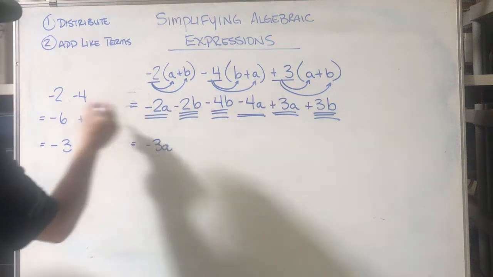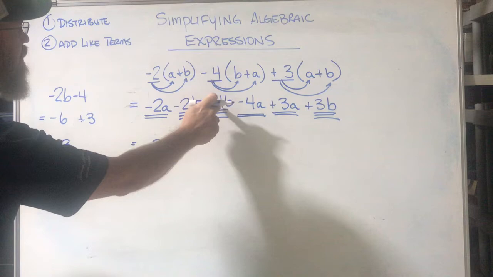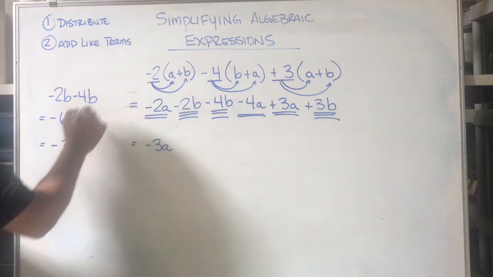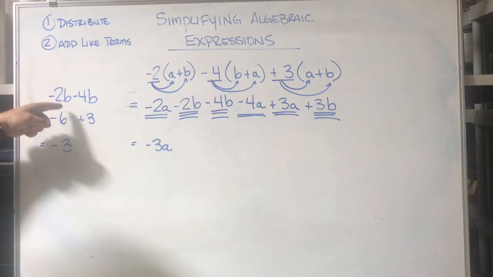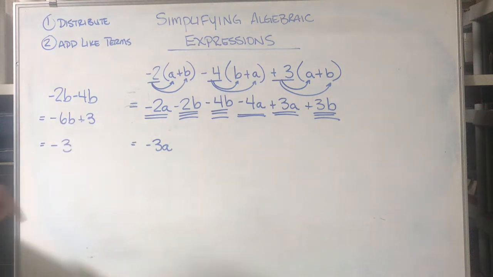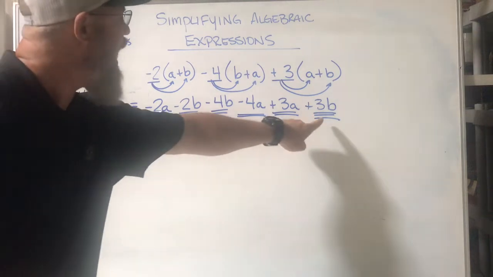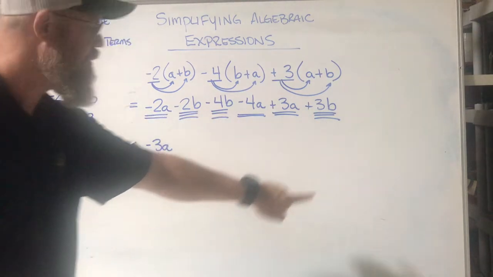Because I have a negative 2b minus 4b. Oh, what does that equal? We just did it with a. Negative 2b minus 4b is negative 6b. So we took care of these two guys. Then we have to add 3b.